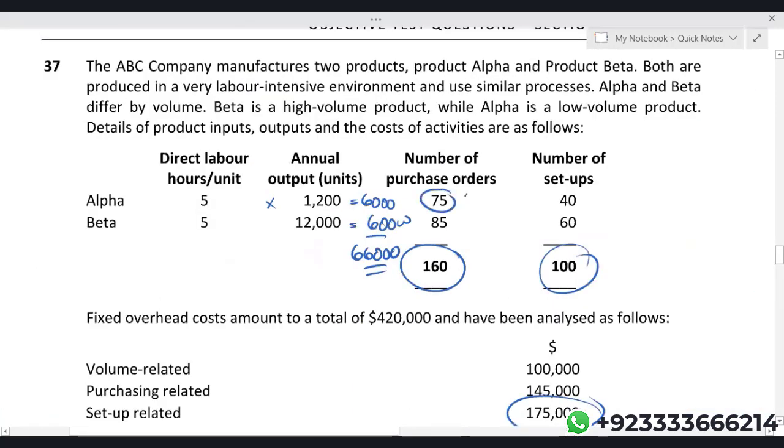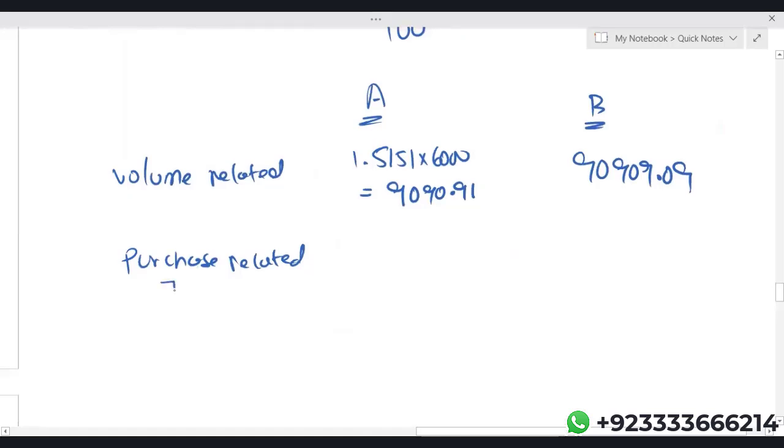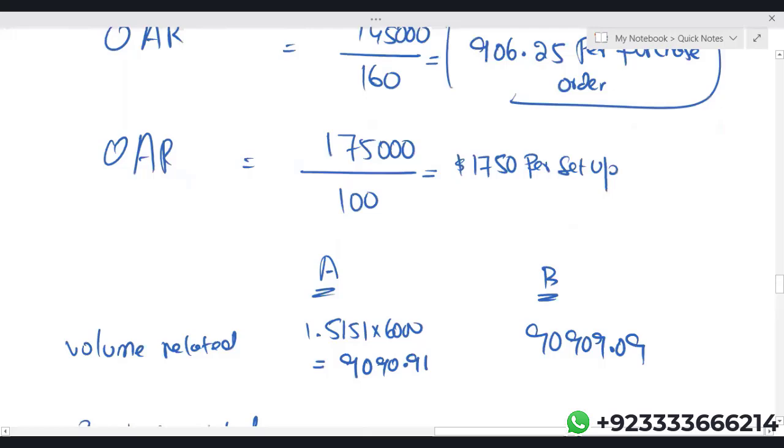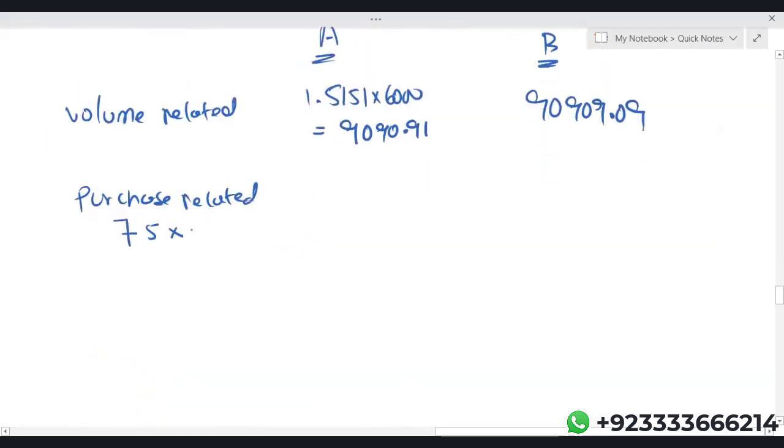So 75 multiplied by per purchase order cost will give me the total purchasing order cost which relates to alpha. 906.25 per purchase order.